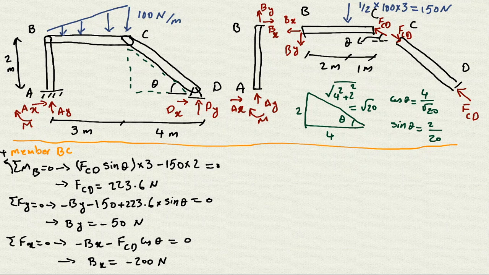So we have the sine theta and cosine theta here. Anywhere we need the sine theta and cosine theta, we use it from here, and the FCD we already have. So we get the force in that member, or basically we get this reaction here, and we get the Bx and By.